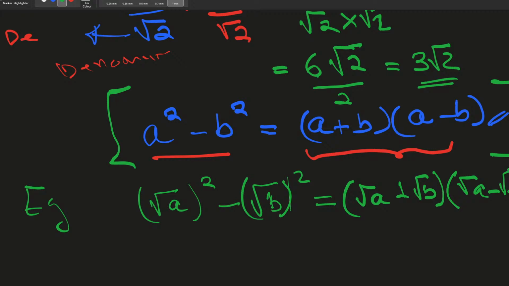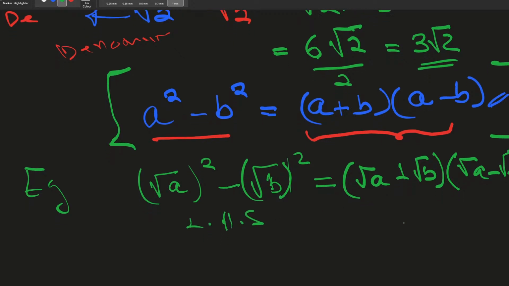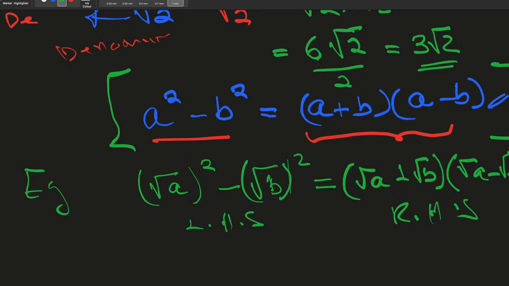Bear in mind that when you expand, there's the left hand side and there's the right hand side. When you expand the left hand side and the right hand side, you are supposed to have the same. Why? Let's see why I'm saying that. You remember when we see root a squared, it means root a times root a. Okay?